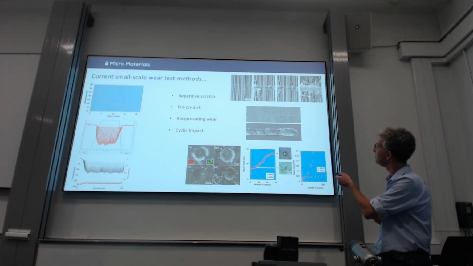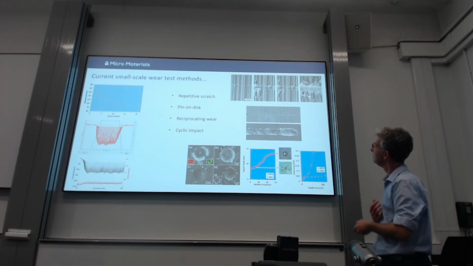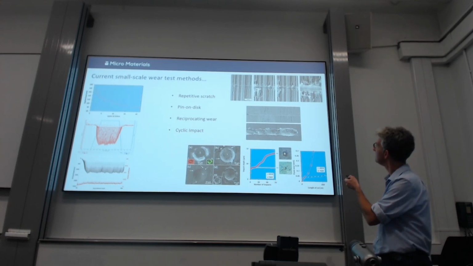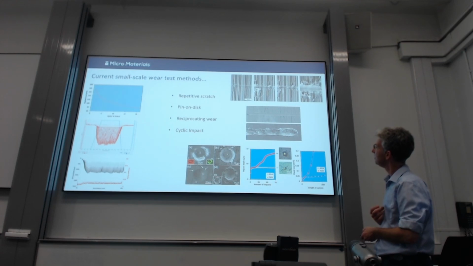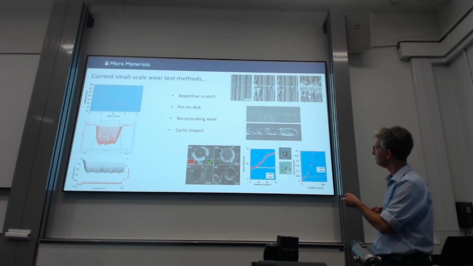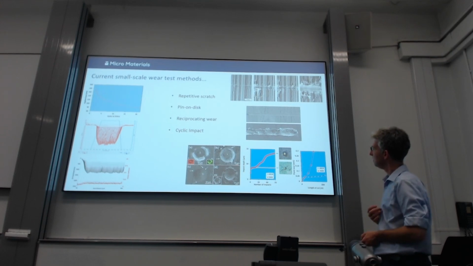On the top, this is a pin-on-disc test from MPL. This is various time steps running forward of a failure of a DRC coating, again on tool steel. This is at different load levels, that's reciprocating tests and other things like this.